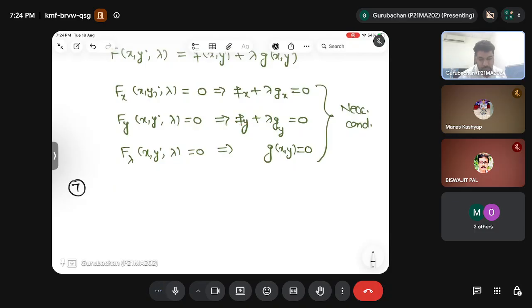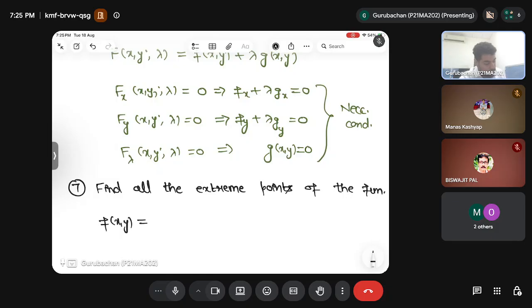So question number 7: find all the extreme points of the function f(x, y) equal to y cube plus 2x square, subject to the constraint x square plus y square equal to 1.